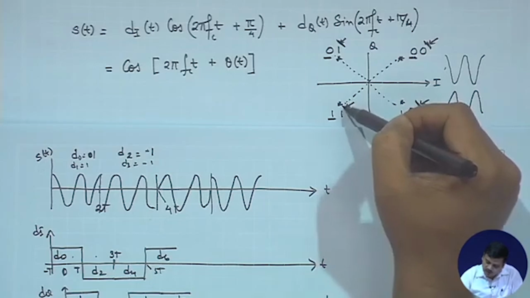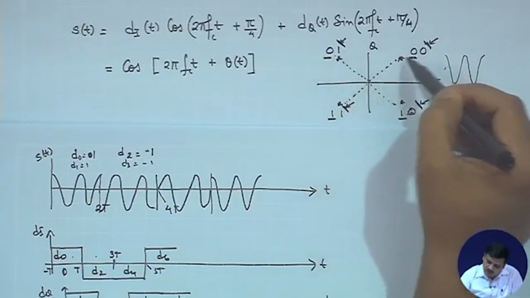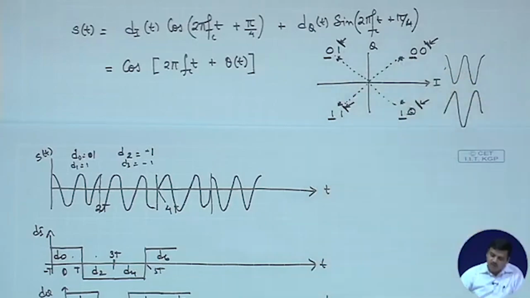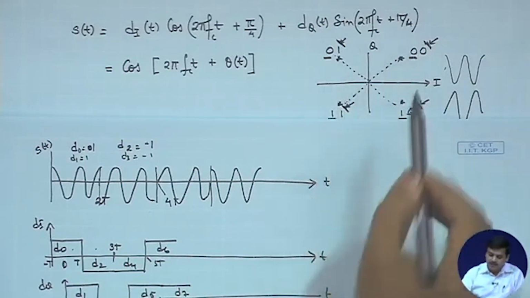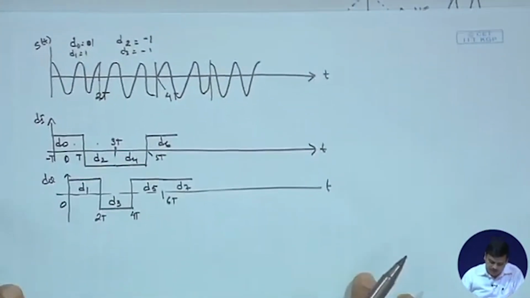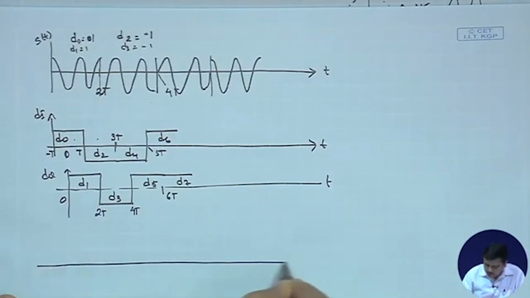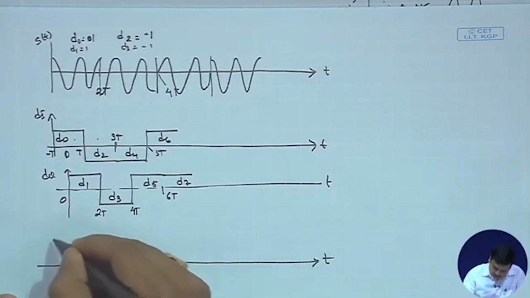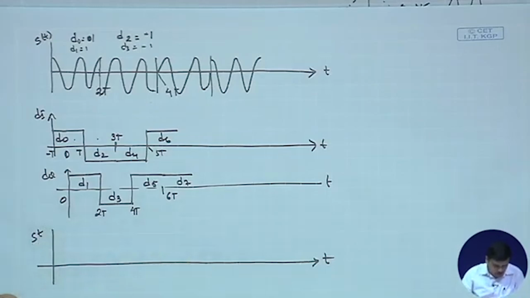And again if we say that the Q remains constant and I changes, you would go there, right. Like that you are going through a change of pi by 2 and not a 180 degree phase shift. The maximum phase shift that can happen is pi by 2 in this case, and we could draw the waveform in this situation, S of t.